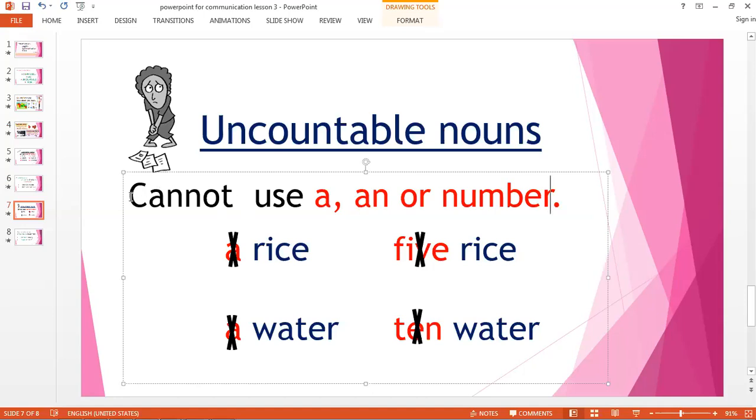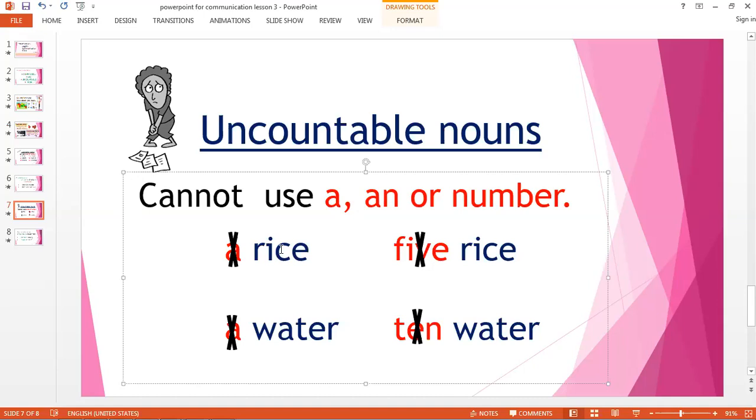You cannot use these words if the noun is uncountable, meaning it cannot be counted. Can you count the rice? Of course you cannot. So do not put a, a rice. It should be only rice. Even though you can count five rice, do not say five rices. It should only be rice also.